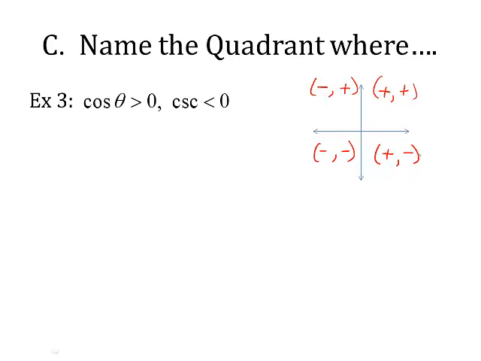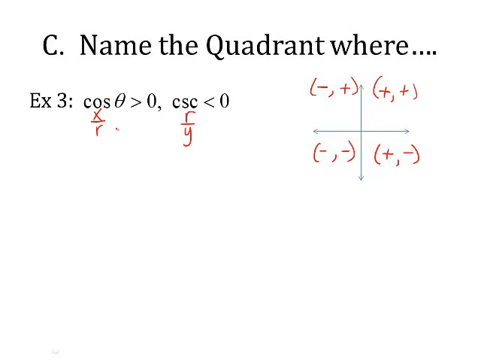Now, using this information, let's look at what cosine and cosecant are talking about. Cosine, remember, is x over r. Cosecant is r over y. Remember that r is always 1 on the unit circle.